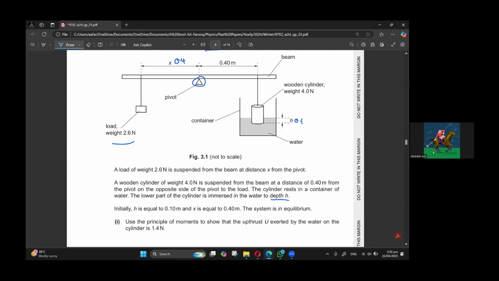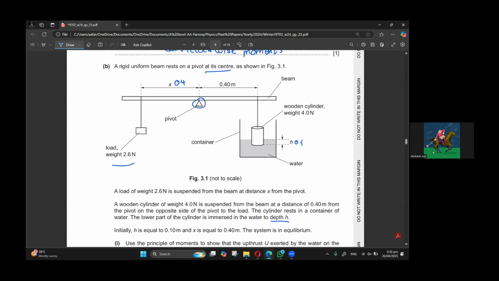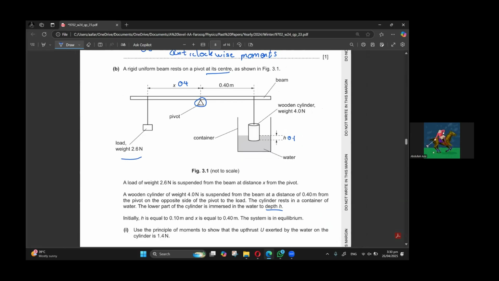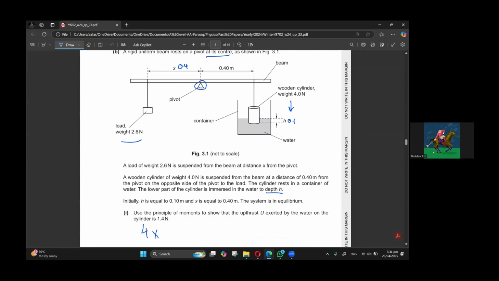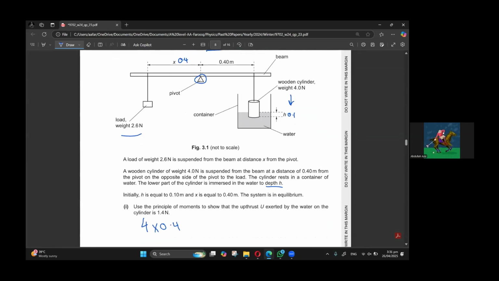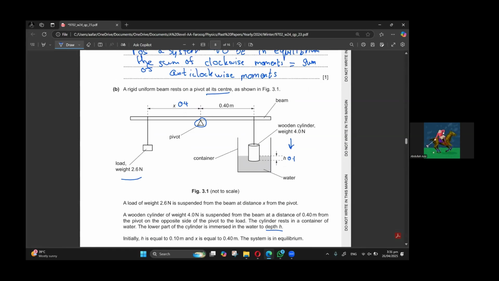Let's use the principle of moments. Clockwise moments, we have this force over here into this perpendicular distance, 4 into 0.4, equal to the sum of anti-clockwise moments.